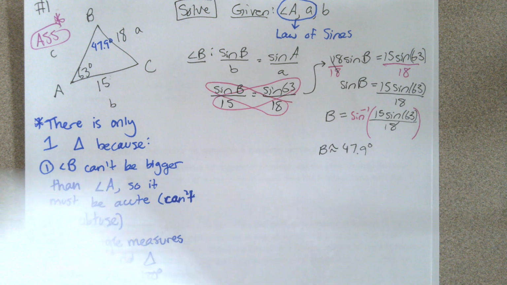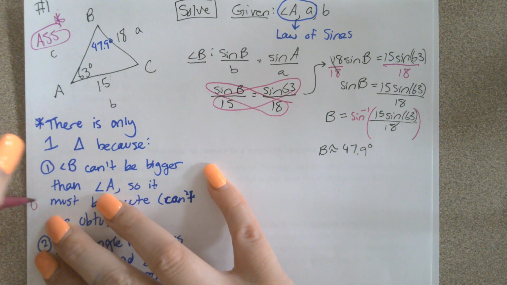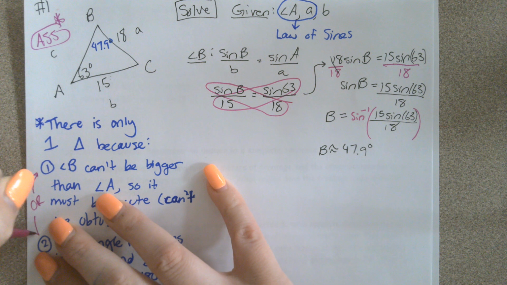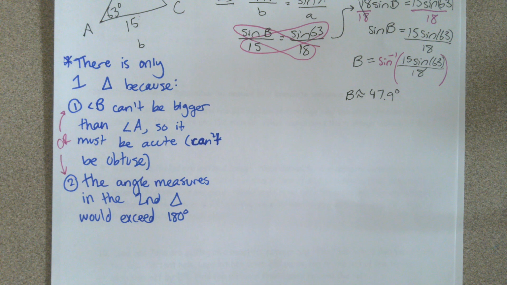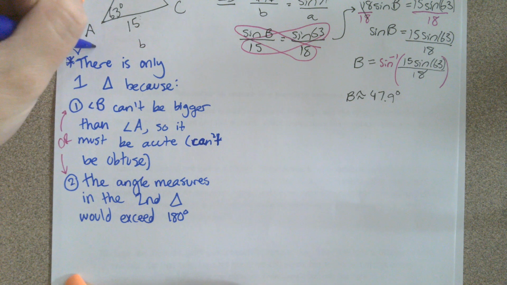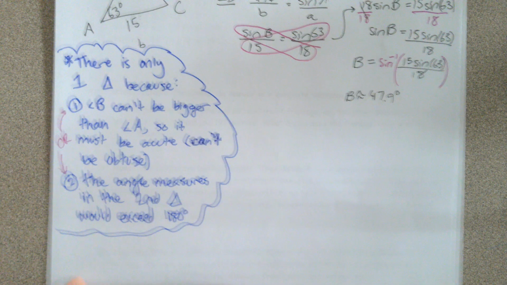So there are pros and cons to either way you do it. So I'm going to put a big OR here. Either way on the test, as long as you can explain in a mathematical, clear way why you do or do not have two triangles, you will be all set.